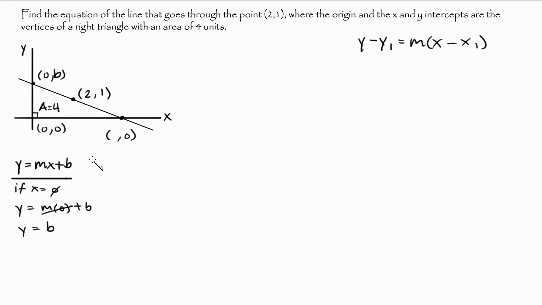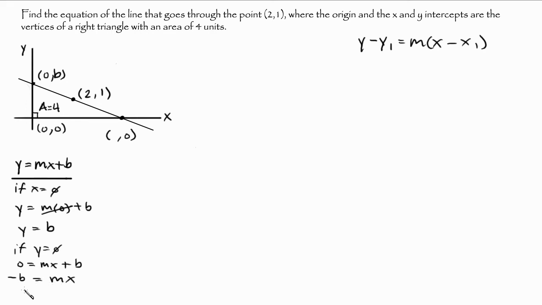So that's b. Okay, so now what we want to do is figure out what this x is. What we could do is make the y equal to 0. So again, we're going to use the same thing and say, if y is equal to 0, then 0 is equal to mx plus b. Subtract b from both sides, and that's negative b equals mx.